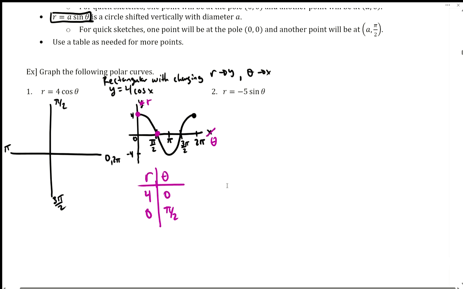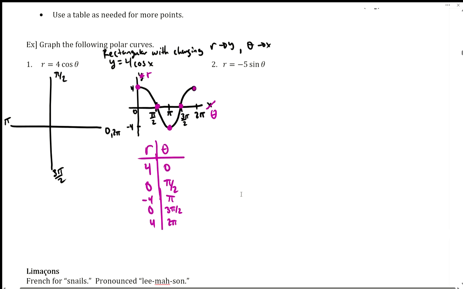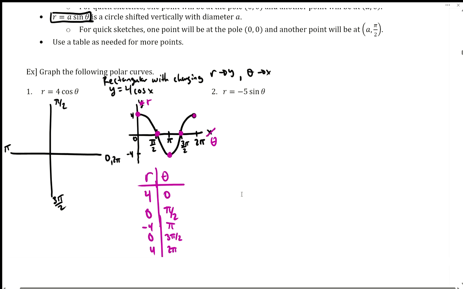Then my bottom peak has radius -4 and angle pi. Then we have back to radius 0 and angle 3 pi halves. And the last one has a radius of 4 and angle 2 pi. Okay, so there's my table from it.